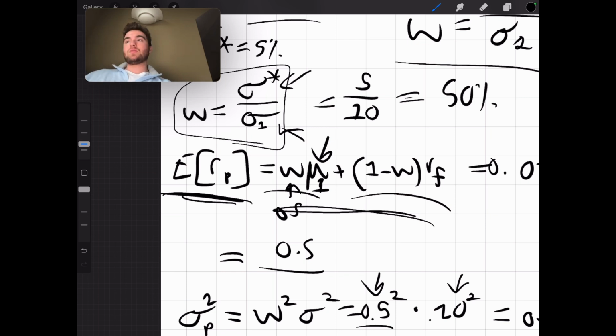For the last question, we did a quadratic utility to find the weight, when we had to use the relative risk aversion, which was equal to 5.